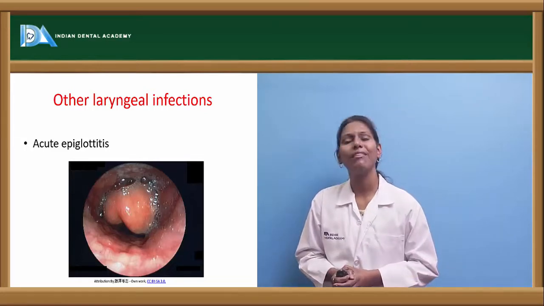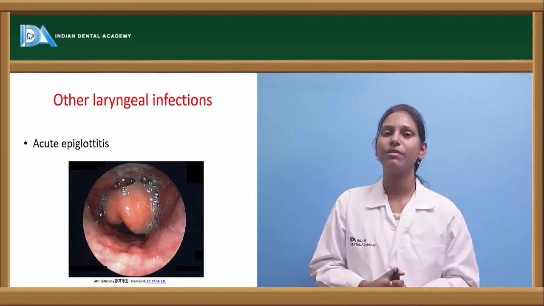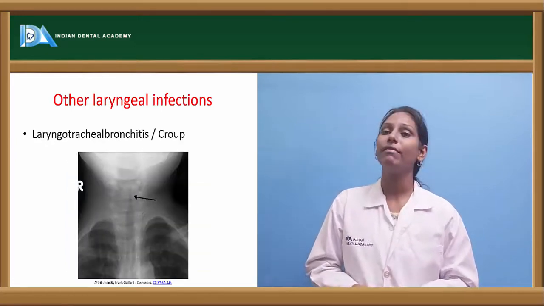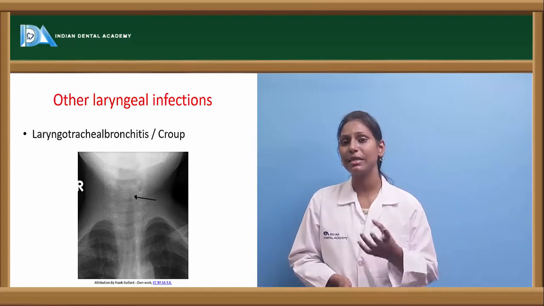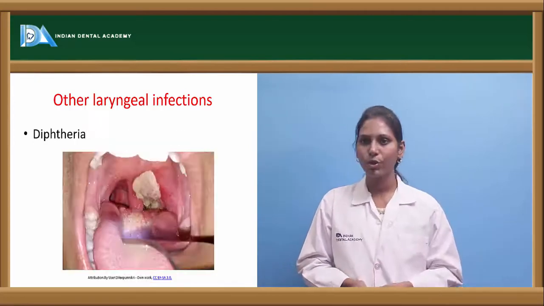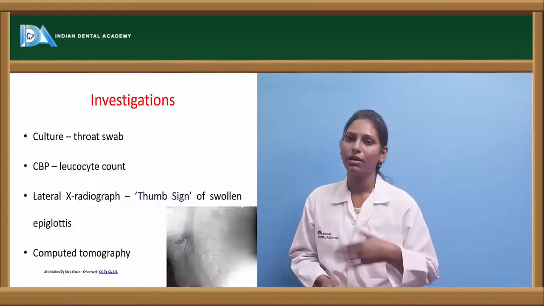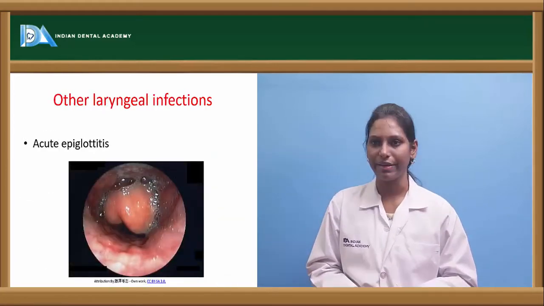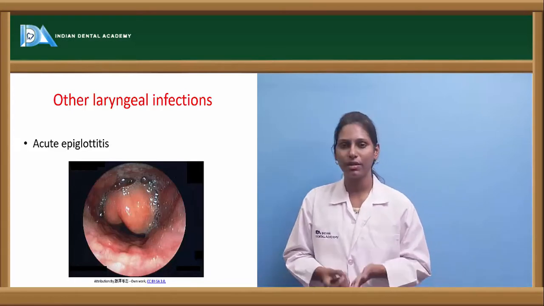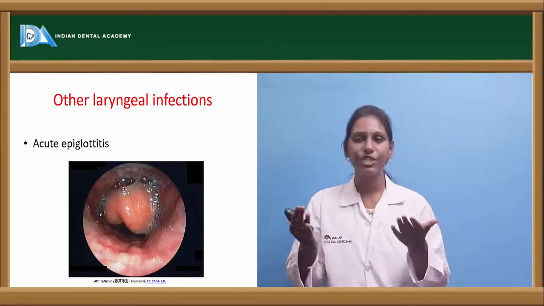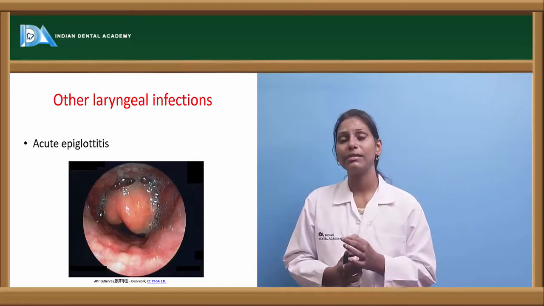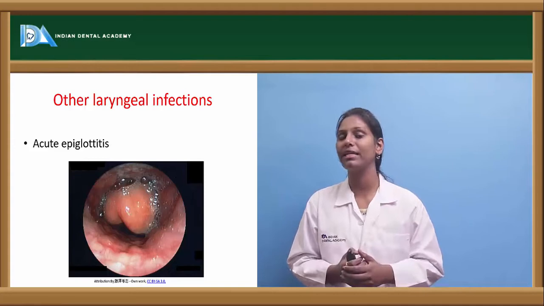Coming to other laryngeal infections, we have acute epiglottitis, laryngotracheal bronchitis, which as the name indicates involves a larger area of the larynx and is also called croup, and diphtheria. Now, acute epiglottitis, as the name tells you, is inflammation of the epiglottis, and it is a potentially fatal condition.